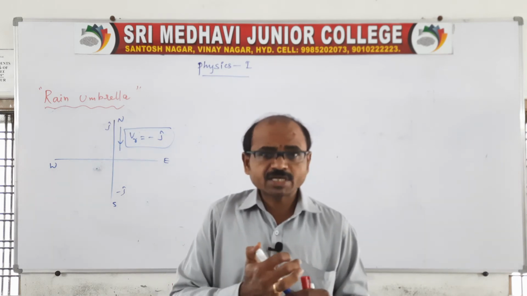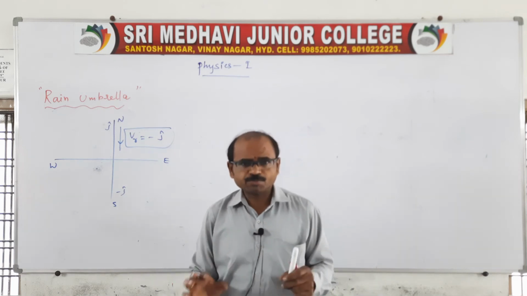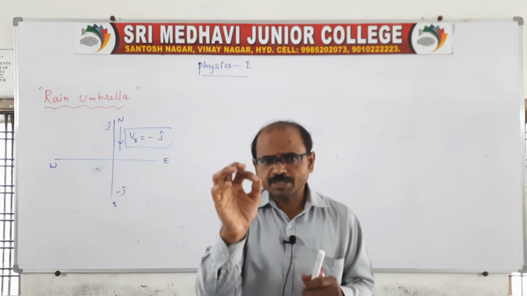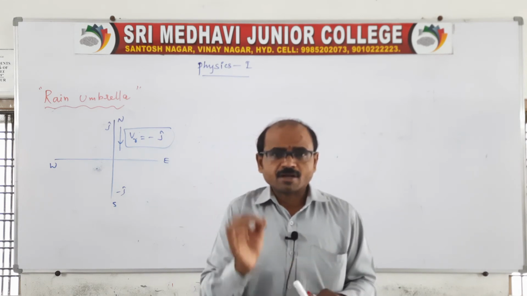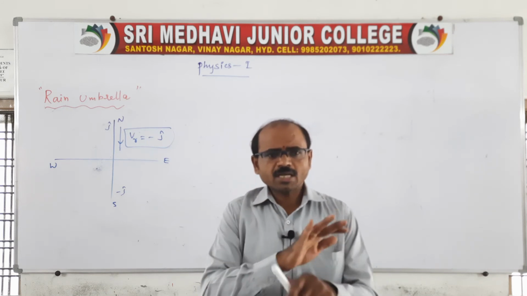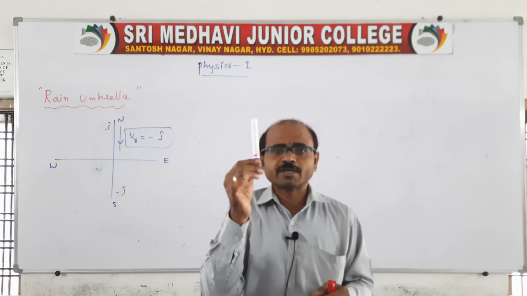But in our physics we can state the direction of the rain umbrella. When rain is falling, the umbrella should be in the direction of the relative velocity of rain with respect to man. If it falls vertically, we keep it like this.